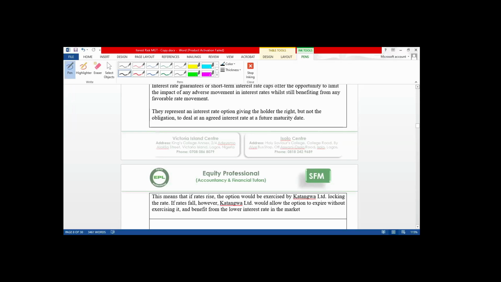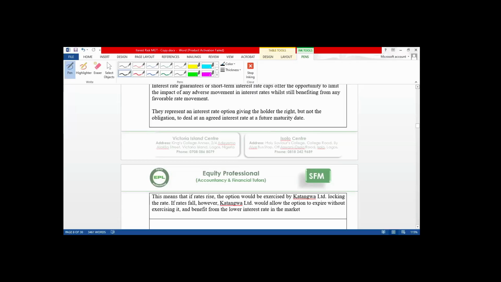This means that if interest rate rises, the option will be exercised. You are going to exercise your guarantee, to borrow at the guarantee rate if the interest rate rises above the guarantee rate.